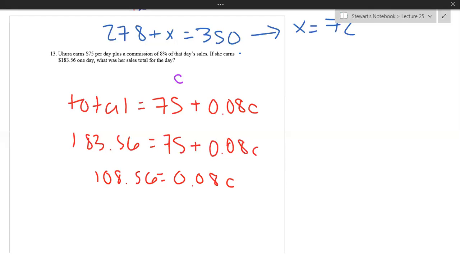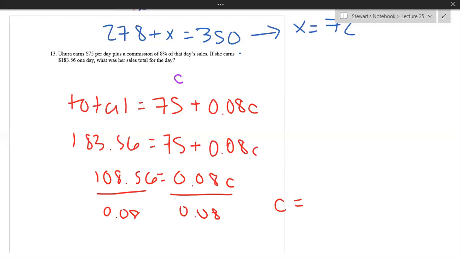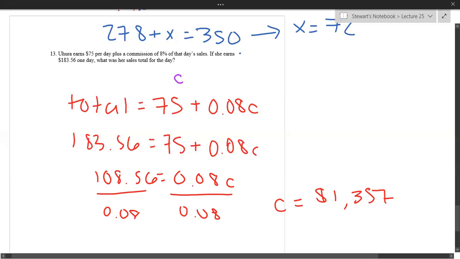So we divide by that on both sides. We have C, or her sales are $1,357, which means apparently she sold a lot, or she works somewhere expensive. So if that's what she made for the day, then she had to sell $1,357 worth of stuff.